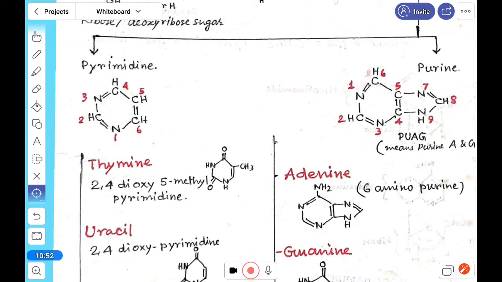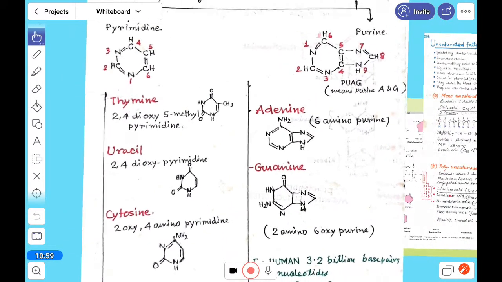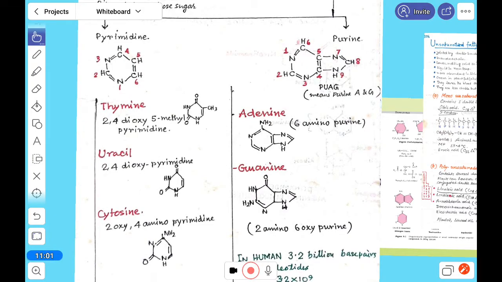In pyrimidine, you can see this is thymine, this is uracil, and this is cytosine. You have to know the names of them, and the purines, adenine and guanine.